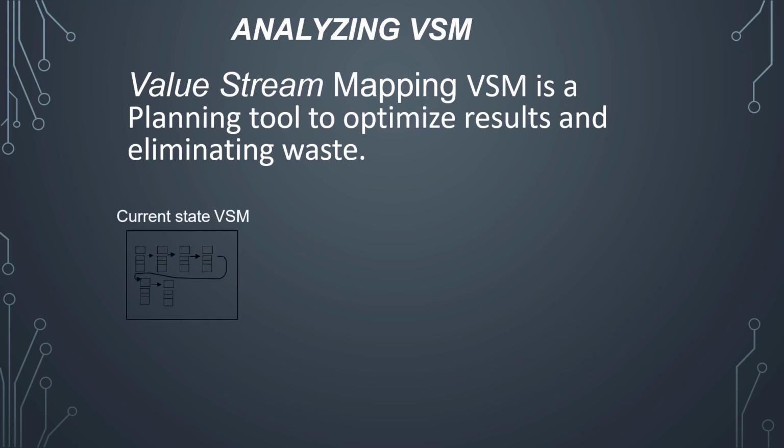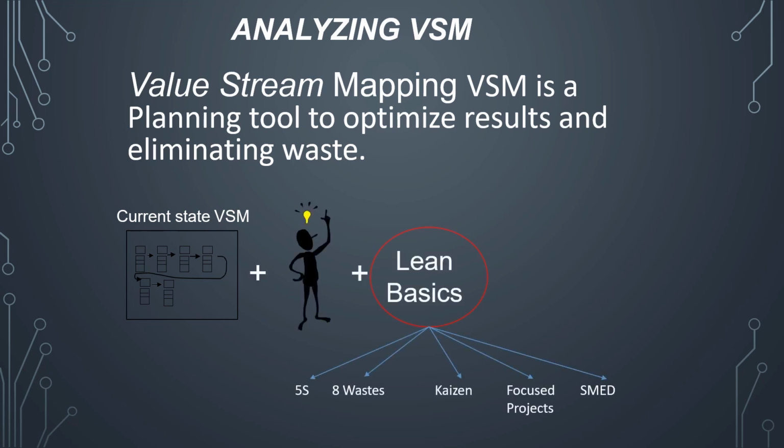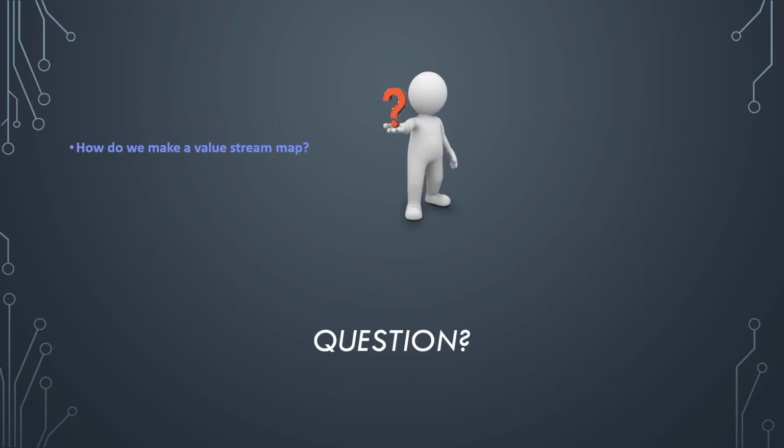VSM typically consists of mapping out the current state of the process and using lean basic tools such as 5S, 8 wastes, Kaizen, focused projects and SMED to optimize results and eliminate waste, and then designing a future state VSM with improvements. So, how do we make a value stream map?